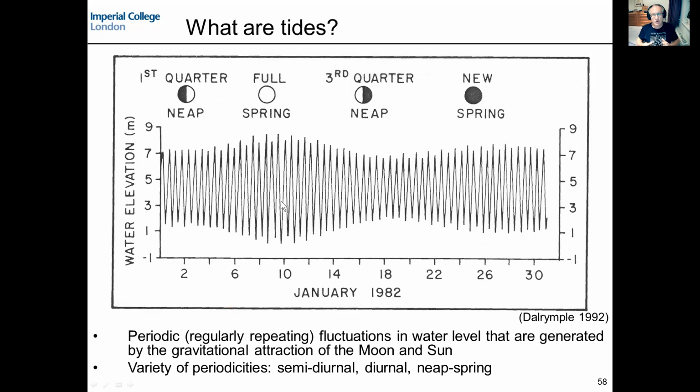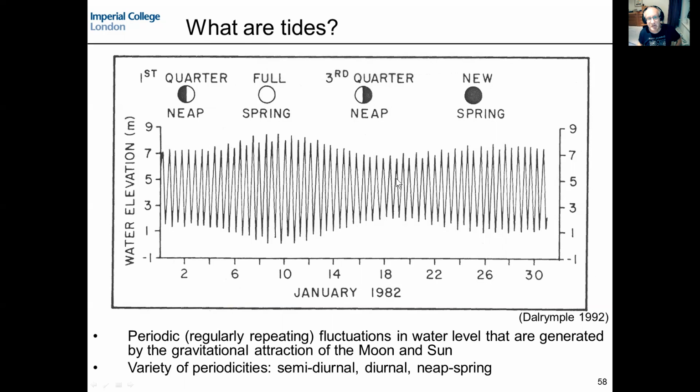And we also have longer term periods. If we look at these maxima in the high tide and equally the minima, the low tide positions, we can see there are periods when we have a large range between the high and low tide. Those are the spring tides.